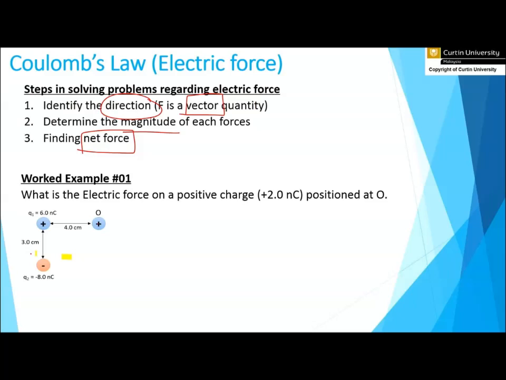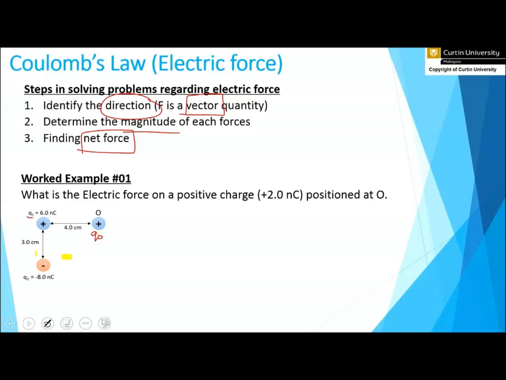Step number 1, look for direction. Coulomb's law states if 2 charges have the same sign, they will repel. If they have opposite signs, they will attract. So now let's look at Q1 and let's assign this one as our QO.